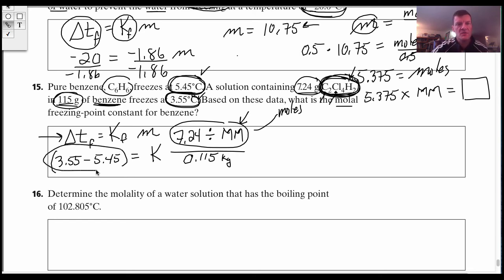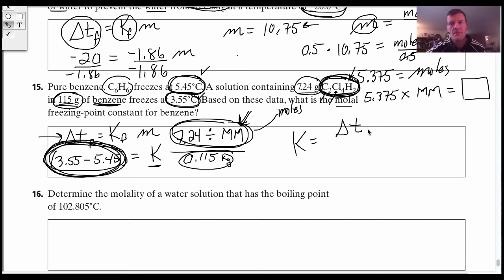You have this number, and you have this number right here, because you're going to find that molar mass, and you then have to find this K. This K is simply going to be this value right here, the difference, divided by this number right here, which is the molality. Okay? And you can do that.